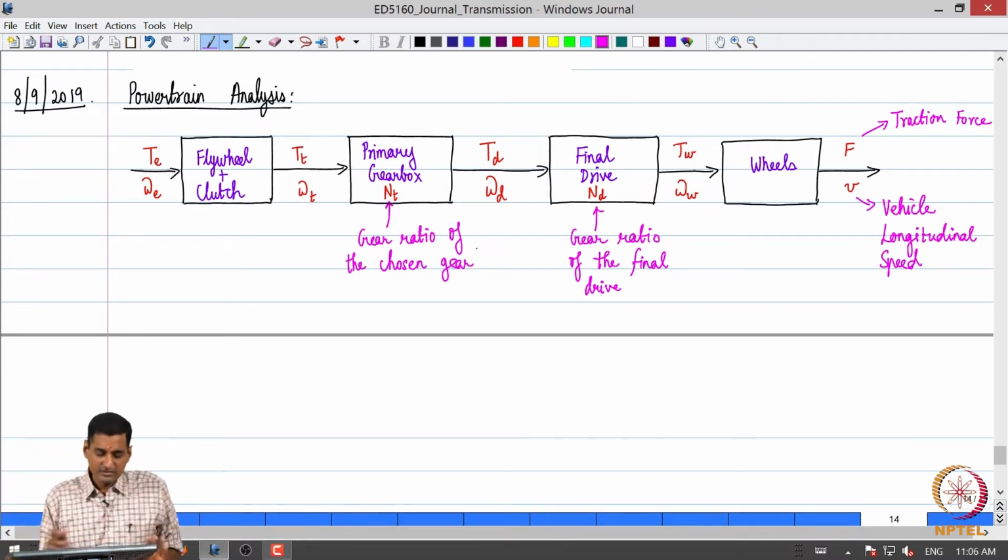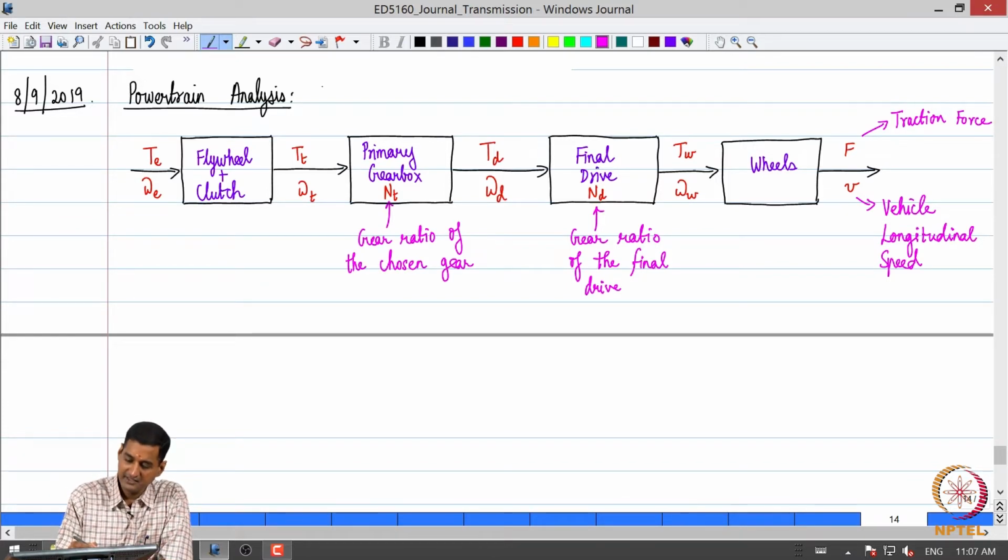Now what we are going to do is relate all the terms that appear in this block diagram to get an idea as to what will be the output from the powertrain, for a particular chosen gear and a particular input engine torque. So that is our motive. In this analysis, we shall lump and account for friction losses at the end.